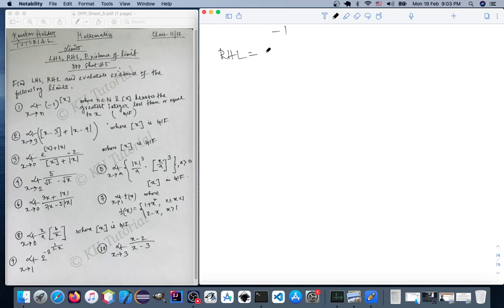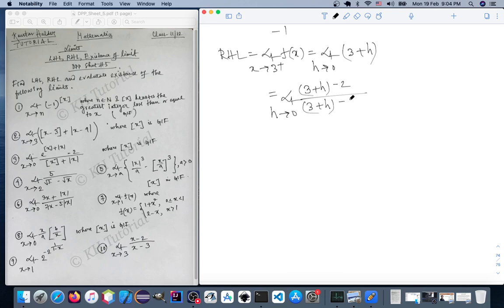RHL equals limit x tending to 3 plus f(x) equals limit h tending to 0 f of 3 plus h. This equals limit h tending to 0, 3 plus h minus 2 divided by 3 plus h minus 3. This becomes limit h tending to 0, 1 plus h divided by h.